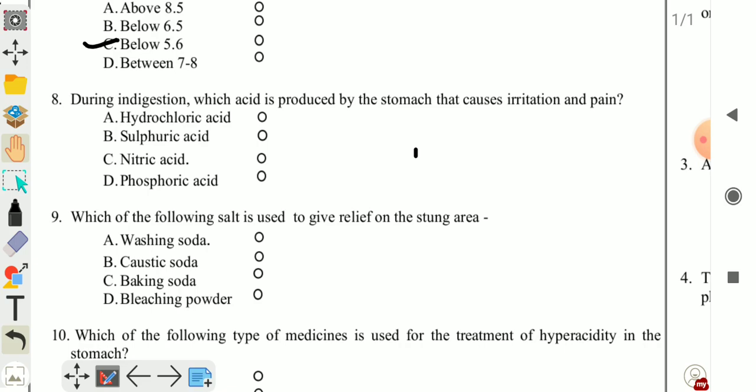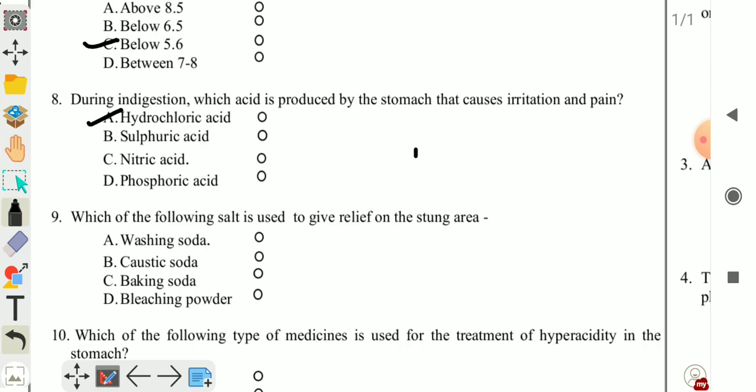The stomach secretes hydrochloric acid. When the quantity of hydrochloric acid increases in our stomach, indigestion occurs. So the correct answer will be hydrochloric acid.